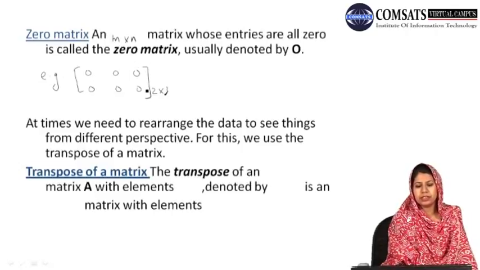So all the entries are 0 here, and the zero matrix need not be a square matrix. It may have any order.